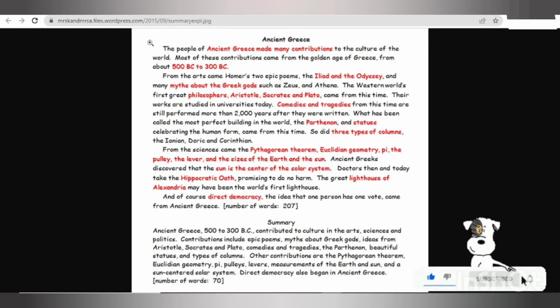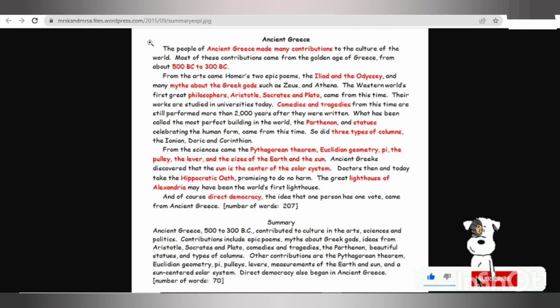Okay, so the summary of this is ancient Greece, 500 to 300 BC, contributed to culture in the arts, sciences, and politics. Contributions include epic poems, myths about Greek gods, ideas from Aristotle, Socrates, and Plato, comedies and tragedies, the Parthenon, beautiful statues and types of columns.